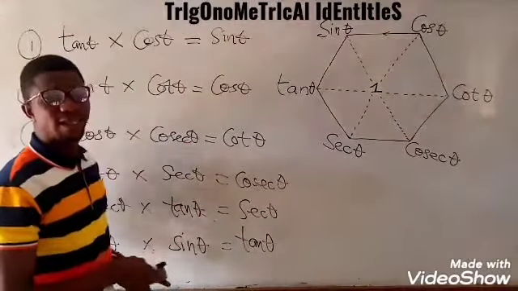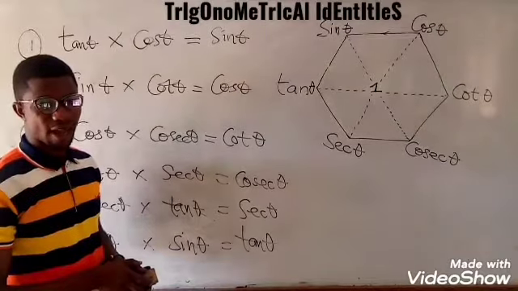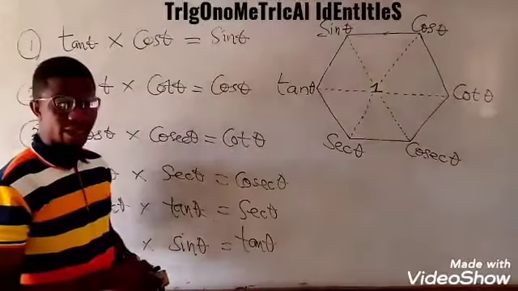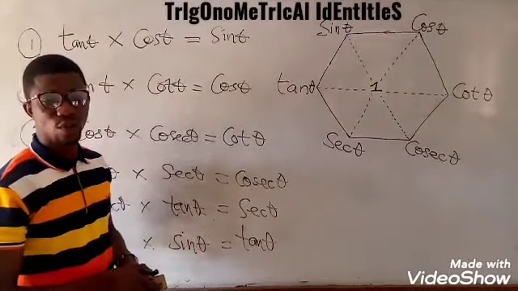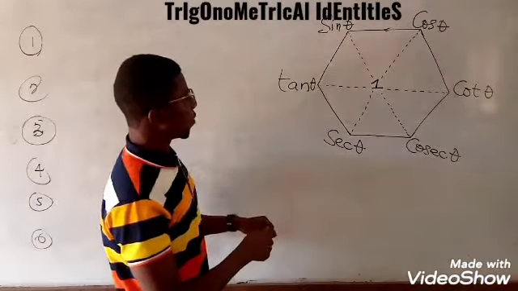Let's look at other identities that could be derived from this hexagonal diagram, or magic hexagon, as well as a super hexagon. So, what is next?